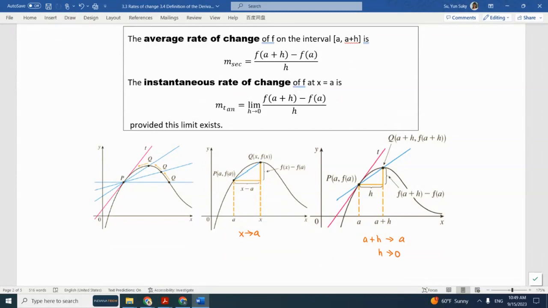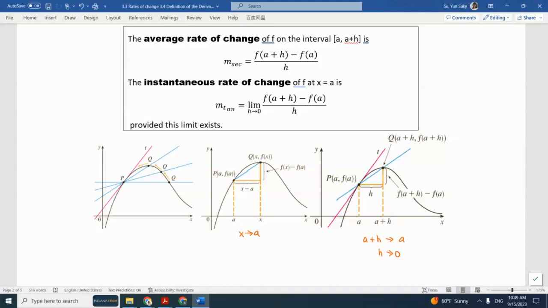Do you agree? Your second point is like x. A plus h goes to a, which means your h goes to 0. So your second point is a plus h, f of a plus h. Your secant line slope is f of a plus h minus f of a, and the difference between those two points is h, so your denominator is just h.